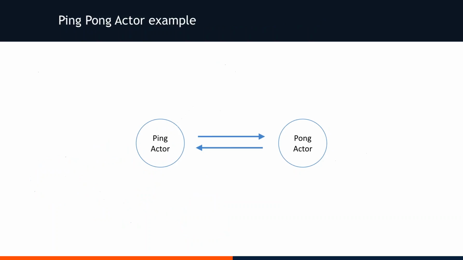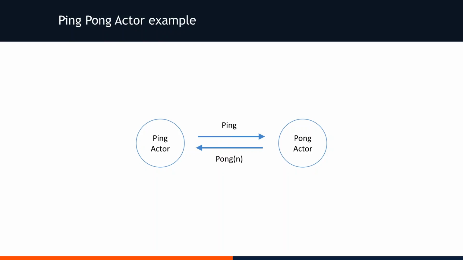If you want to look immediately at an implementation example, let's consider this very simple idea. We have two actors, a ping actor and a pong actor. The ping actor will send a ping, and the pong actor, not surprisingly, will respond with a pong. The difference between ping and pong is that the pong message will carry some information with it. In this case, just an integer, just a number.